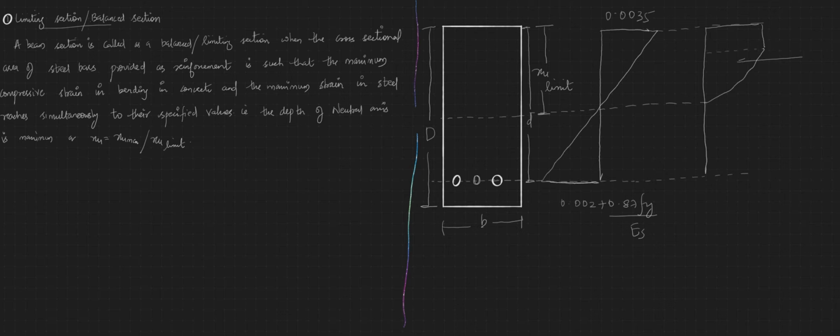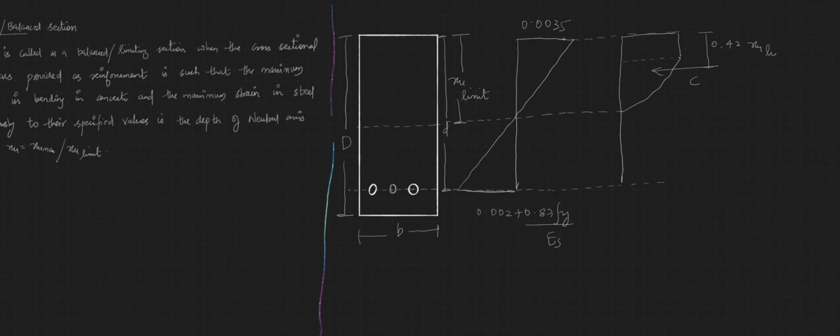The compressive force C acts at a distance of 0.42 xu limit, and its value is 0.36 fck b xu limit, and the tensile force T is equal to 0.87 fy Ast.